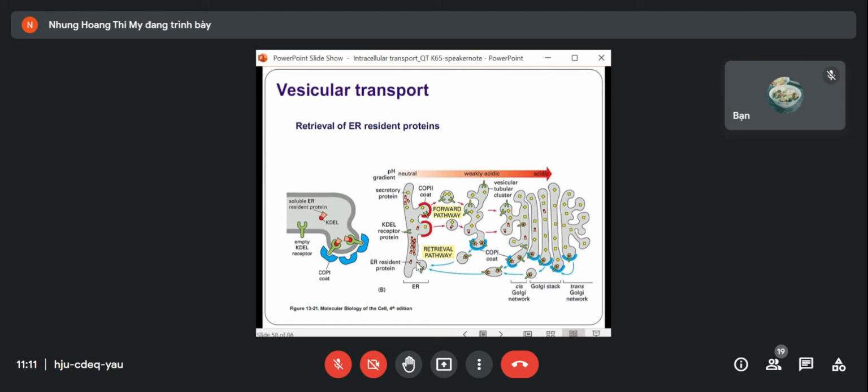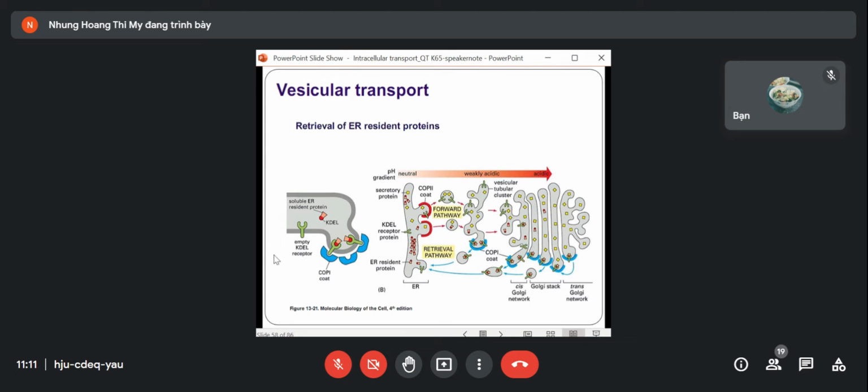When the vesicle fuses with the ER membrane, because of the neutral pH in the ER, the binding of the KDEL protein and its receptor is broken and the KDEL protein is released in the ER lumen. This is the mechanism of the retrieval pathway from the Golgi to the ER.